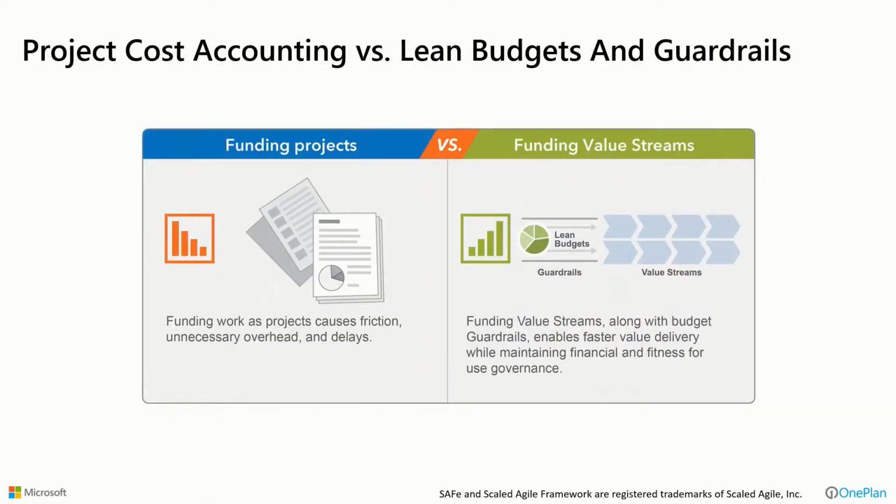And then there's the concept of how we fund these things. In the past, we would actually make independent funding decisions on projects in and of themselves, meaning that projects themselves independently on a more granular basis are competing for funding.